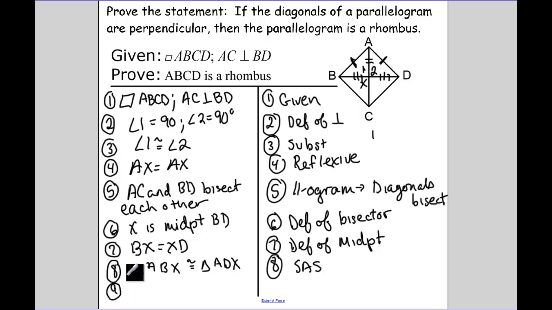Now I can say AB is congruent to AD by CPCTC.